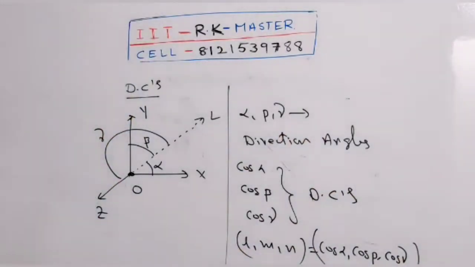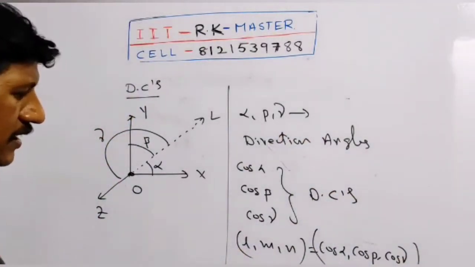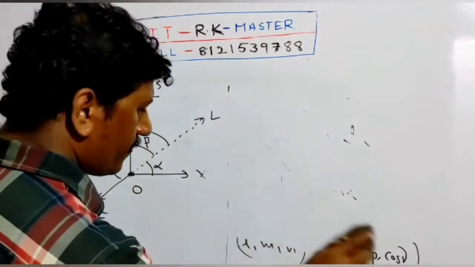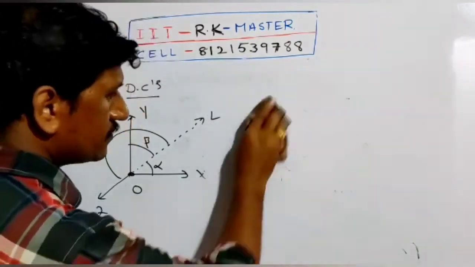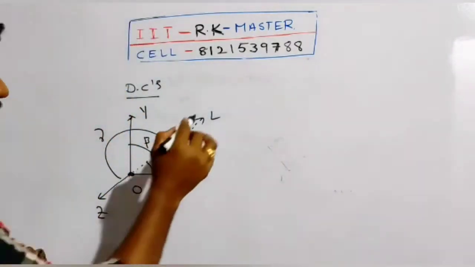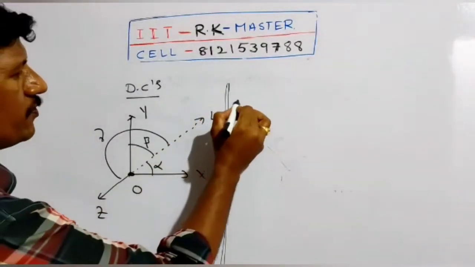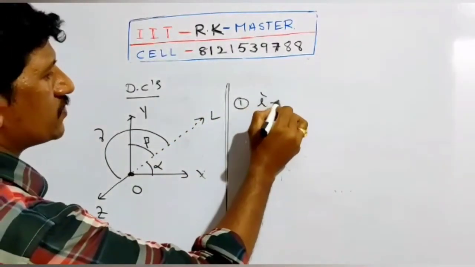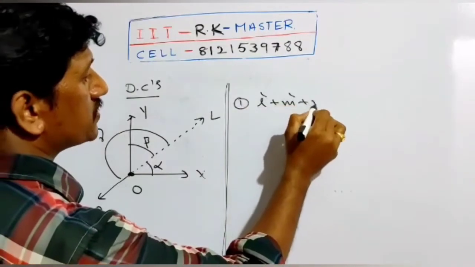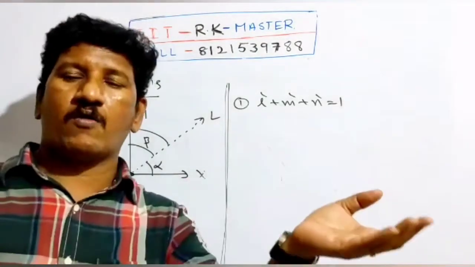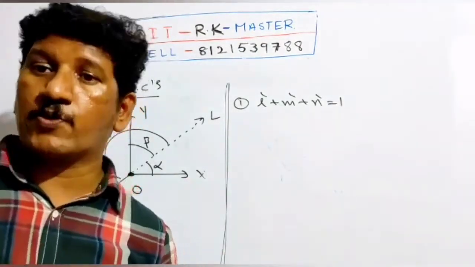Now, compulsorily we need to remember one concept. The most important condition is l square plus m square plus n square is equal to 1, because based on this condition we have n number of JEE Mains problems.